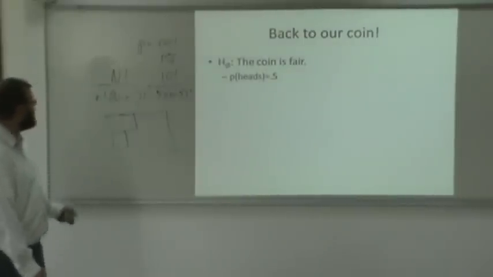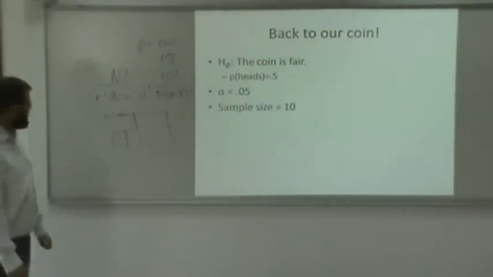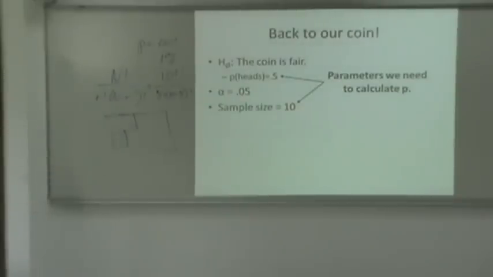So back to our point. If the null hypothesis is that the coin is fair, we know the probability of heads equals 0.5. Alpha, we're going to set at 0.05. Say we have a sample size of 10. Those are the parameters we need to calculate P. We observe 8 heads.